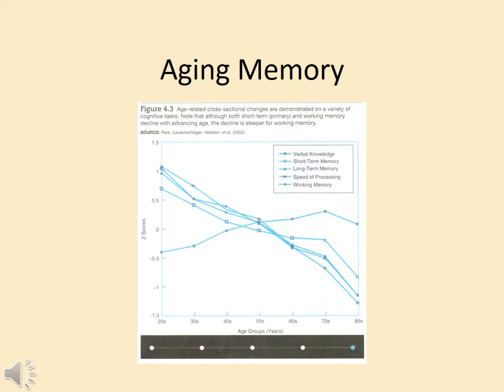Now, there are many theories as to why this may take place. One theory, for instance, is that as adults age, they don't have the mental energy or attentional resources that younger people do, leading to these declines in memory components. Another theory is that older adults may undergo a decline in processing speed, as you can see from the graph, but they may account for this loss in processing speed with more strategy use, right?